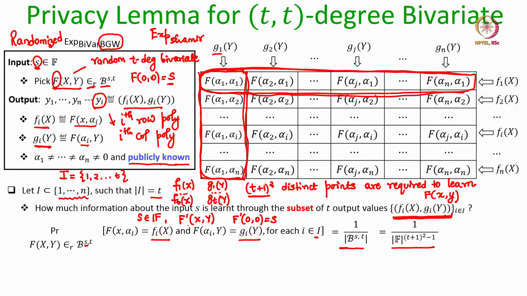We can't have multiple t degree bivariate polynomials whose constant term is s and on which f1 to ft and g1 to gt simultaneously lie. That is not going to happen.